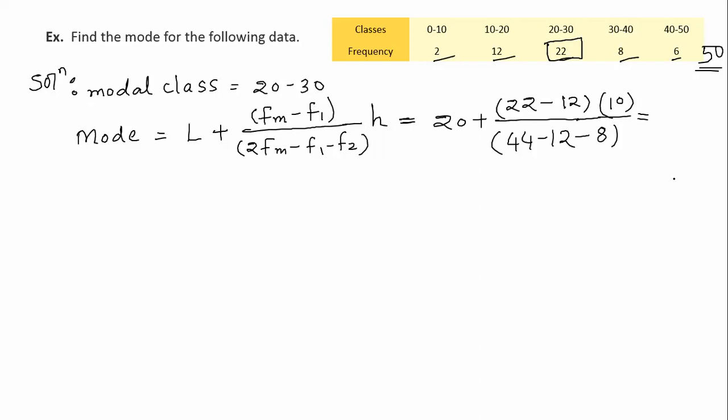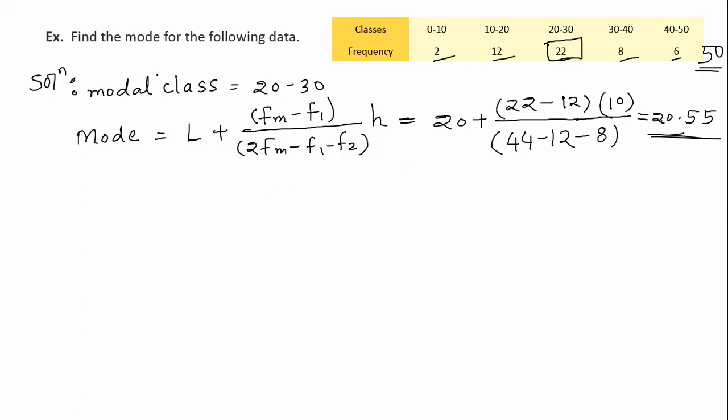And the answer is equal to 20.5454 like that. So I can say 20.5 is the mode of this data.